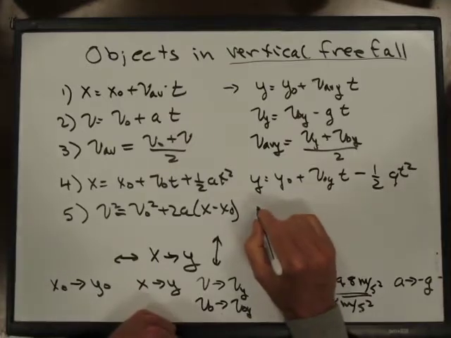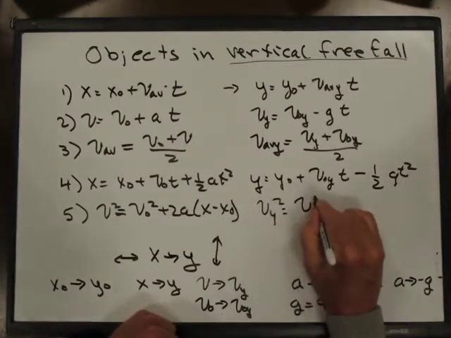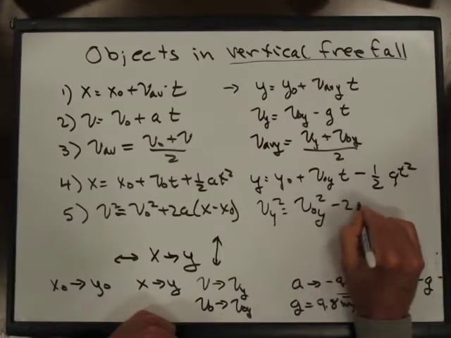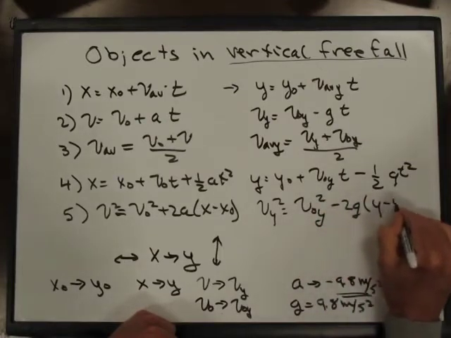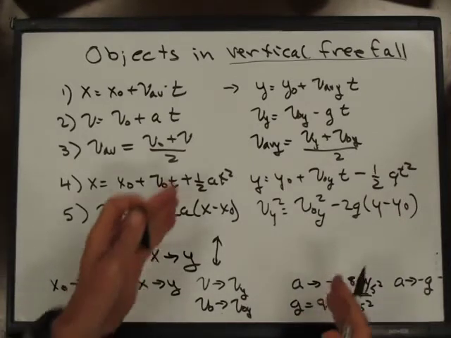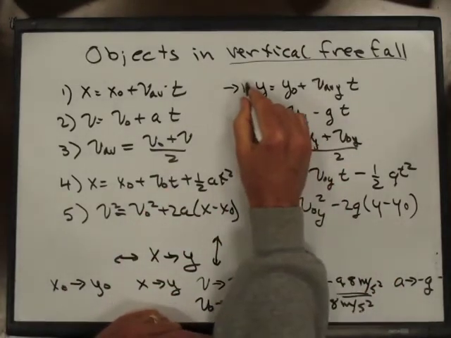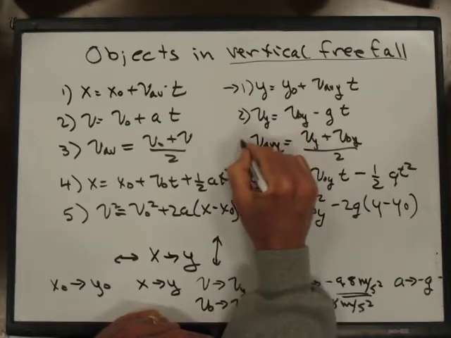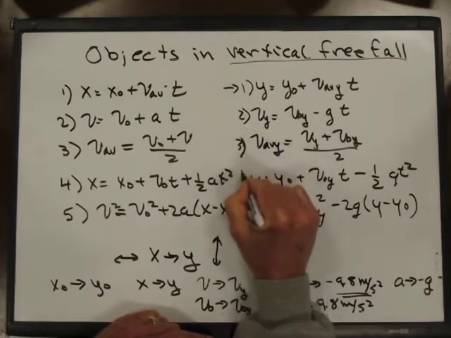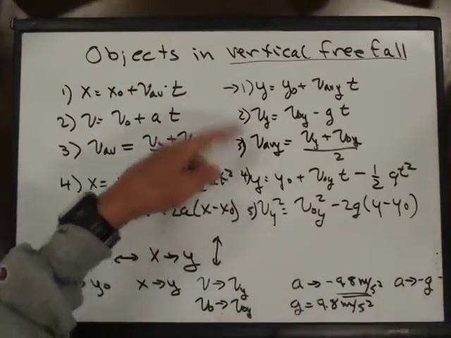And finally, I have vy squared is equal to v naught y squared minus 2g times y minus y naught. And so these are the corresponding equations. I can number them 1, 2, 3, 4, and 5 for free fall, for vertical motion with free fall.